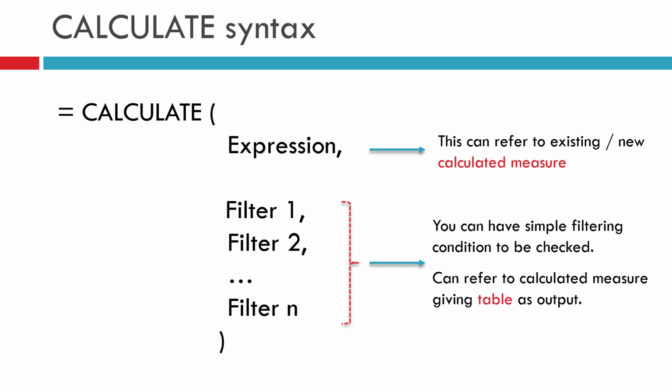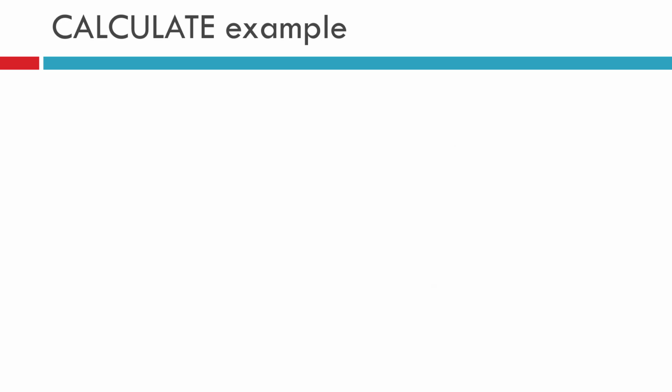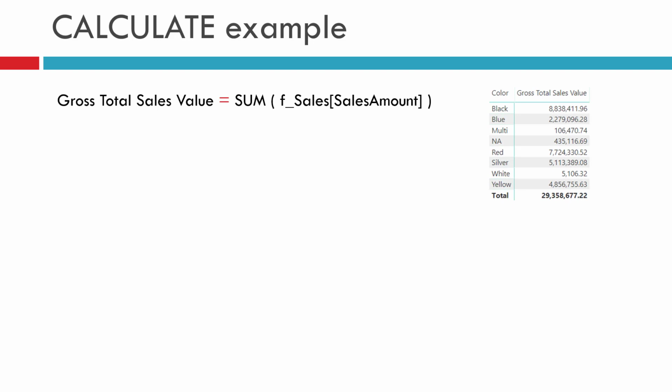So let us take a quick simple example of how to use this CALCULATE DAX function. Now imagine that you have written a simple calculated measure to calculate the gross sales amount like this. Here you will be simply taking the total of the sales amount column from your sales table. After this, let us say you have created a matrix visual and you have put the product color column on the row area and our calculated measure in the values area.